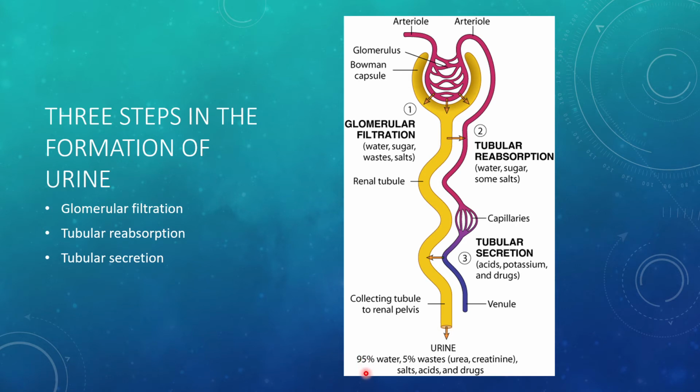So urine ends up being about 95% water, 5% waste. Those are things like urea, creatinine, salts, acids, and drugs.